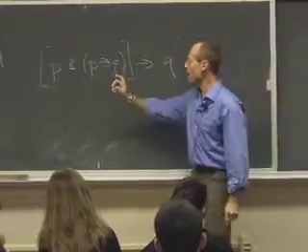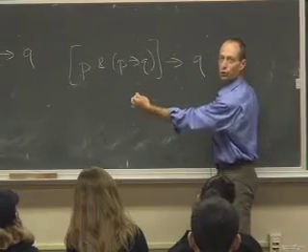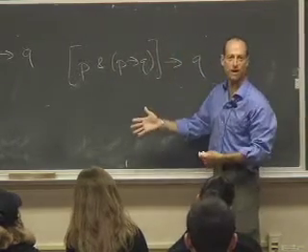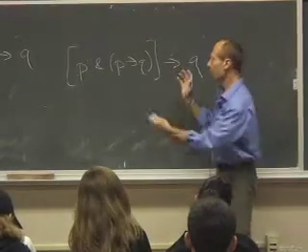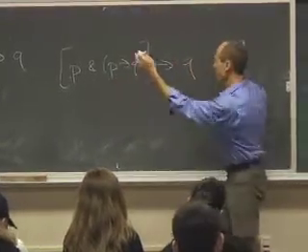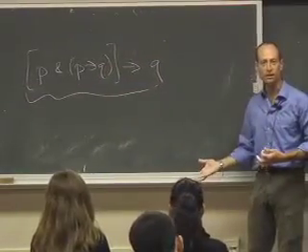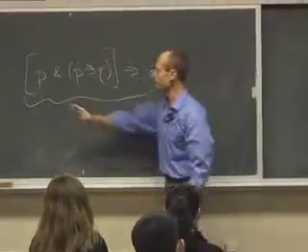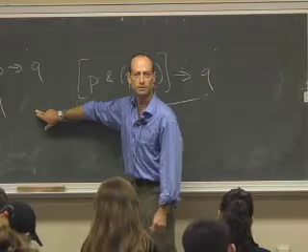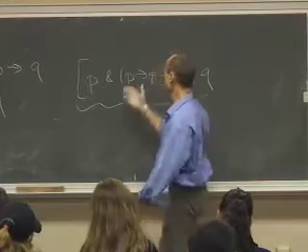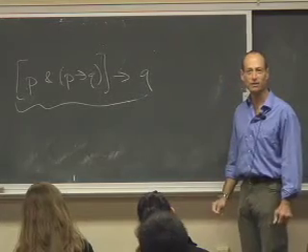If no matter what you put in for P and Q, this thing evaluates to true, then the argument is valid. If there were a combination of P and Q that makes this whole compound proposition false, then the argument isn't valid. Because the claim is that if these two things are true, then this must be true. So can we do some algebra on this to see whether this is in fact the case?